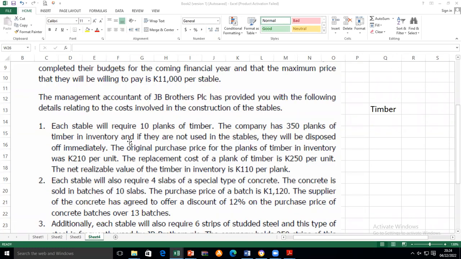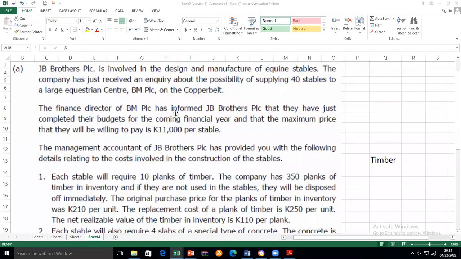How many? Each stable requires how many planks? From the question, 10. Do we have these 10 that we're looking for? Yes, the company has just received an inquiry about the possibility of supplying 40 stables. So 40 stables, each stable needs 10.